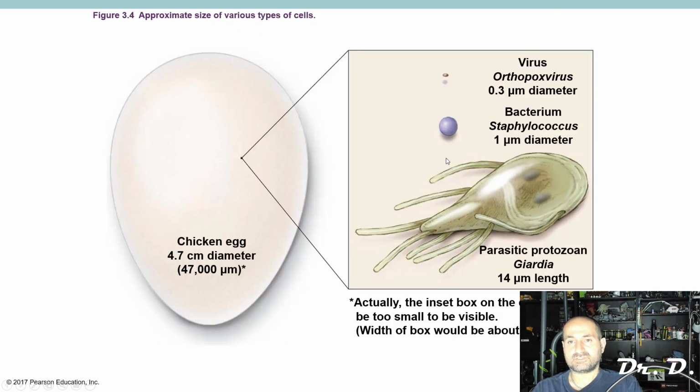Okay, in fact, you can see viruses, which are not alive. They are small infectious agents made of only protein and nucleic acid. You see, they are about 0.3 microns, whereas prokaryotic cells are about 1 micron, and then eukaryotic cells are more than 10 microns.